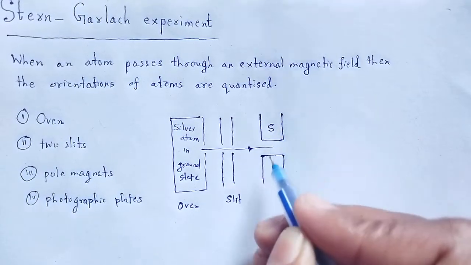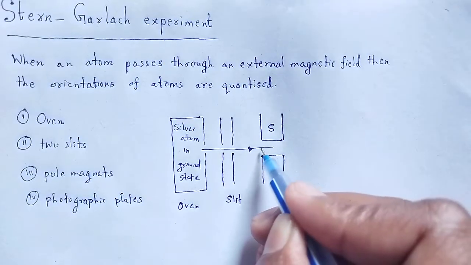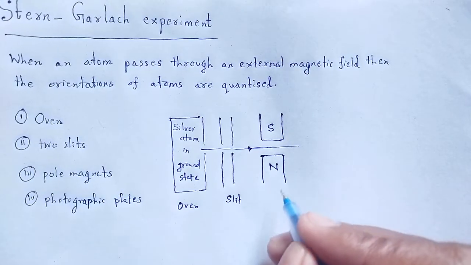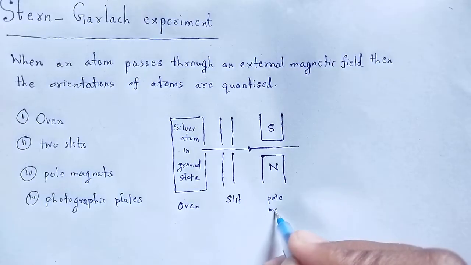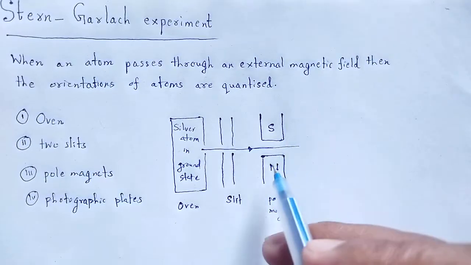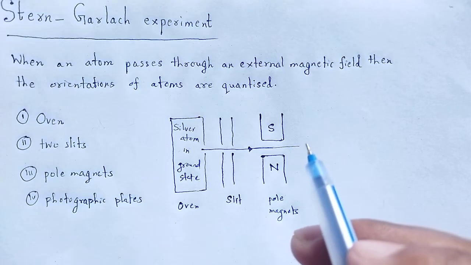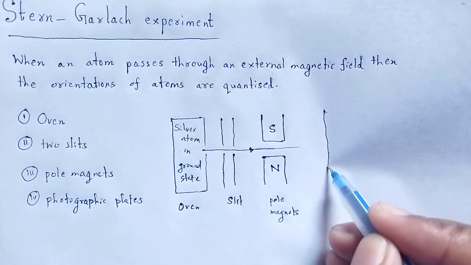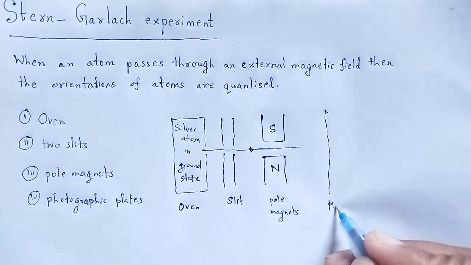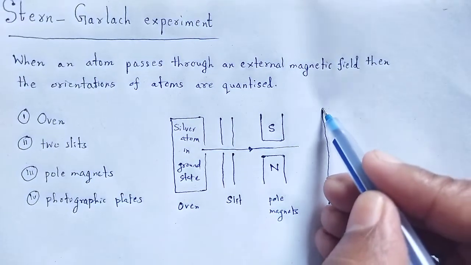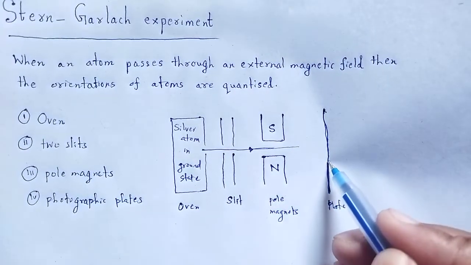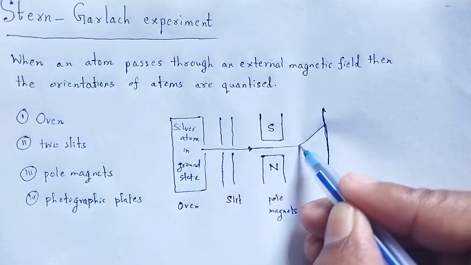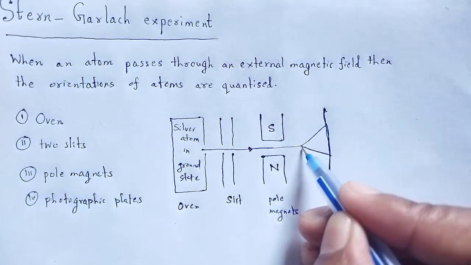This is the south pole, that is the north pole of the magnet, and the beam passes through these pole magnets. A photographic plate is here, where we have to observe the traces. We found two traces.